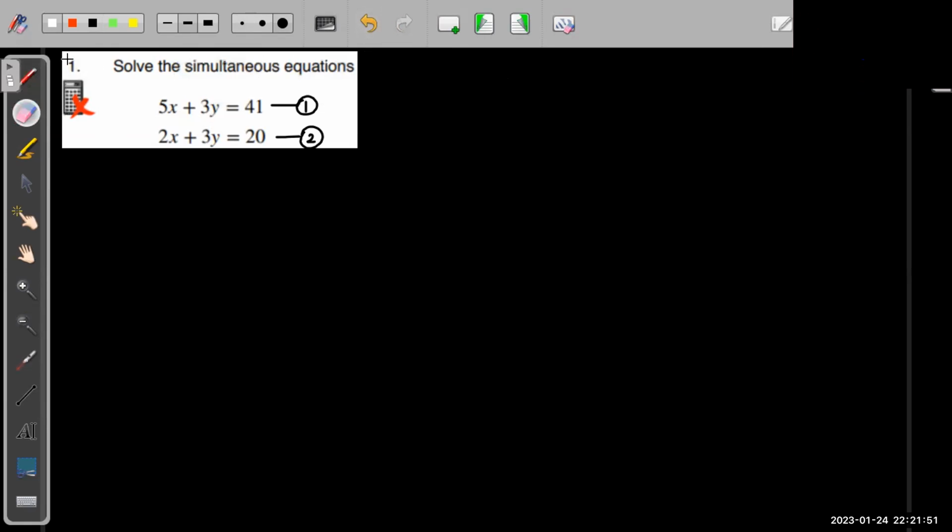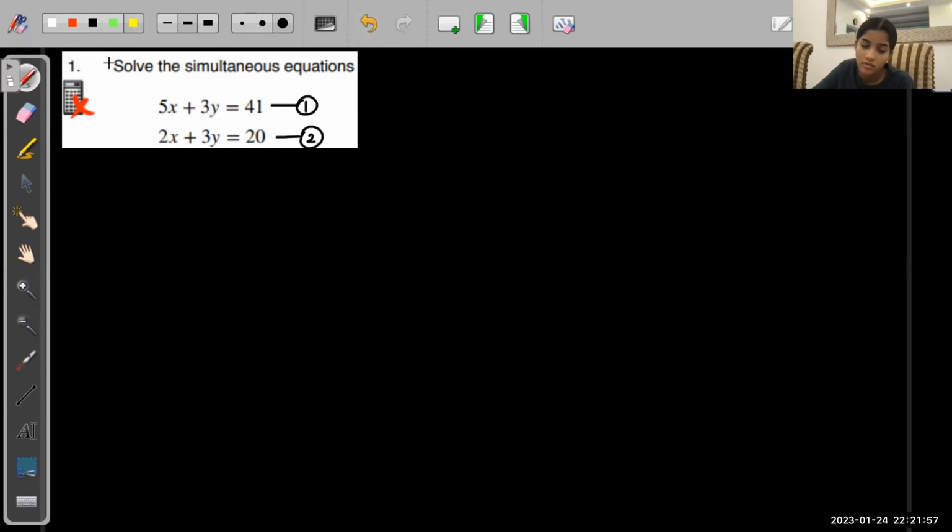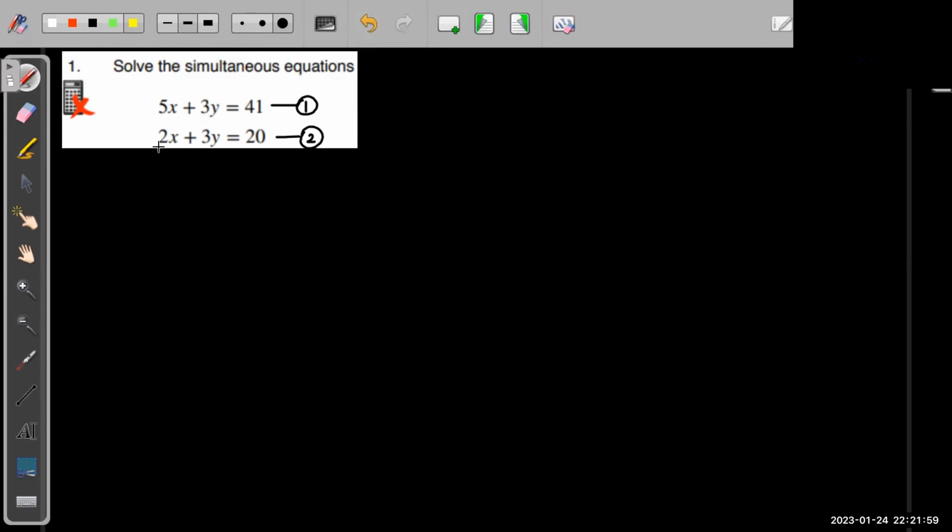So here you can see the coefficients of 3y are equal. So we are using the elimination method. To do the elimination method, the coefficients should be equal. We found out the y coefficient is the same, so I need to remove this.